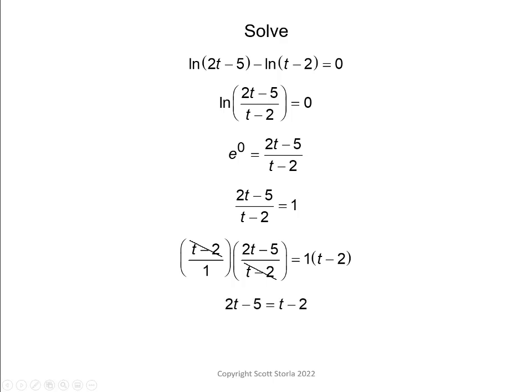And I'll have 2t minus 5 equals t minus 2. And now to solve for t, I'll subtract a t and get t on the left, and then I'll add 5 and get 3 on the right. To make sure this is an answer, I look back, and in both cases I get positive arguments, and so I'm satisfied it's probably going to work, and it does.